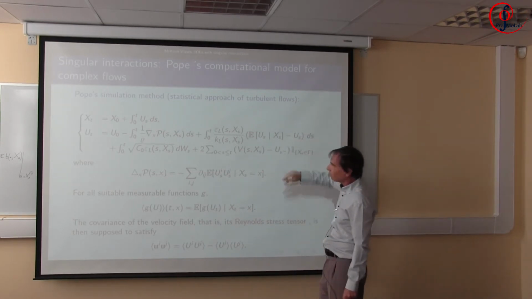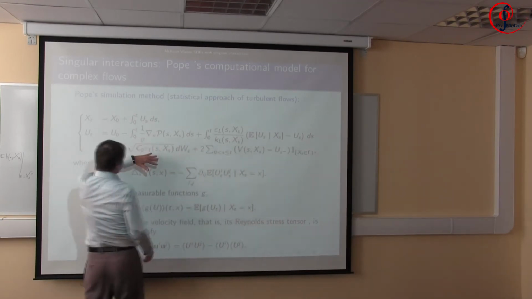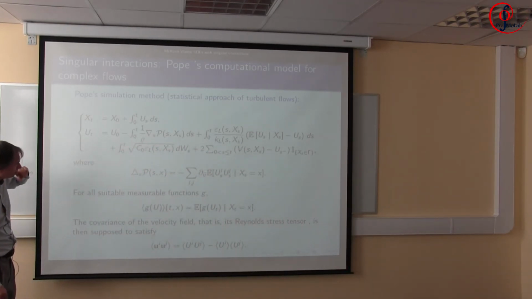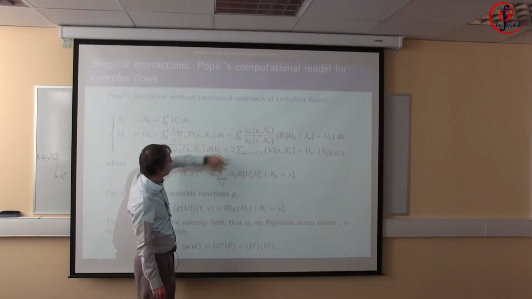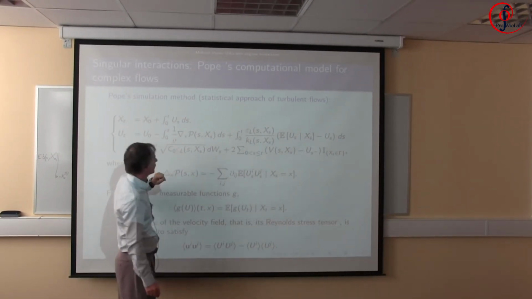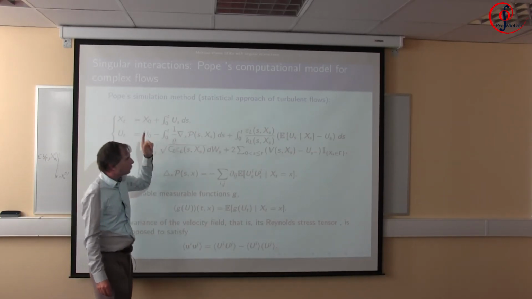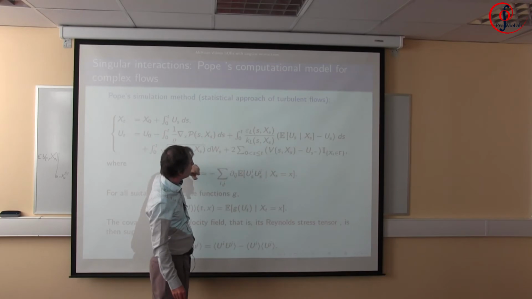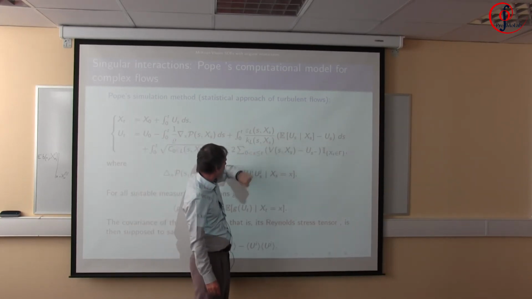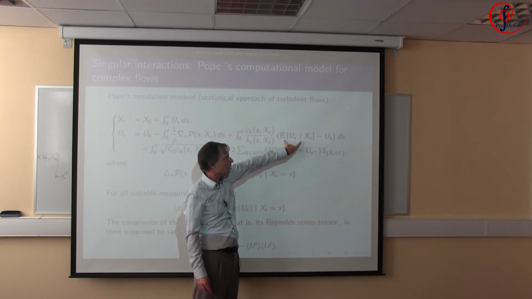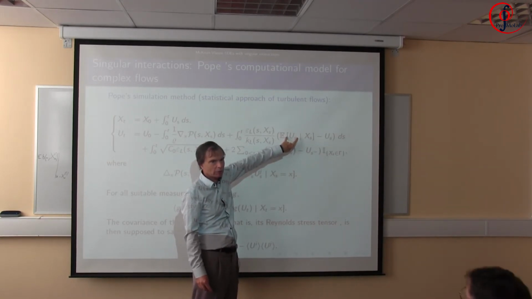So there are plenty of difficulties here. Almost nothing is smooth in the story. I mean, these functions are not smooth at all. You even have a square root, for example, here. Here you have a very singular object in terms of McKean-Vlasov dynamics.